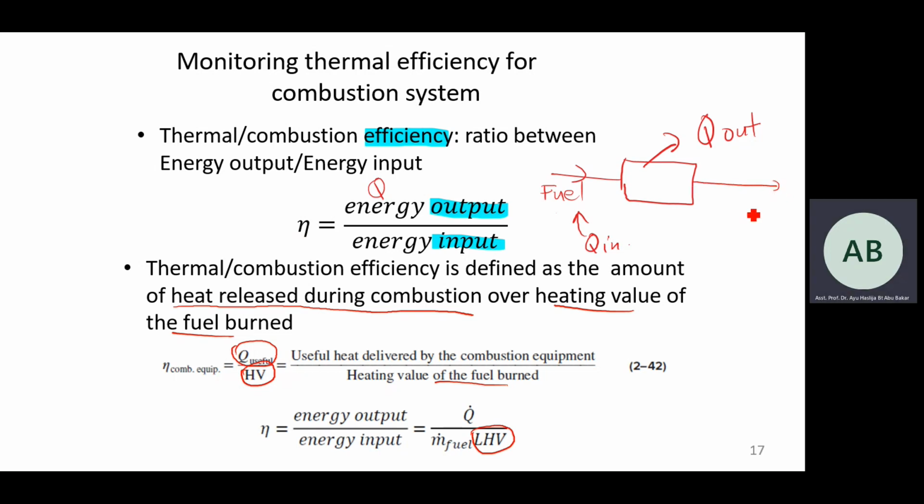In flue gas, what are the products that you have? CO2, H2O, and N2, right? O2 is there because of excess air. Now, this H2O, if it is in gas form, the heating value involved is the LHV.